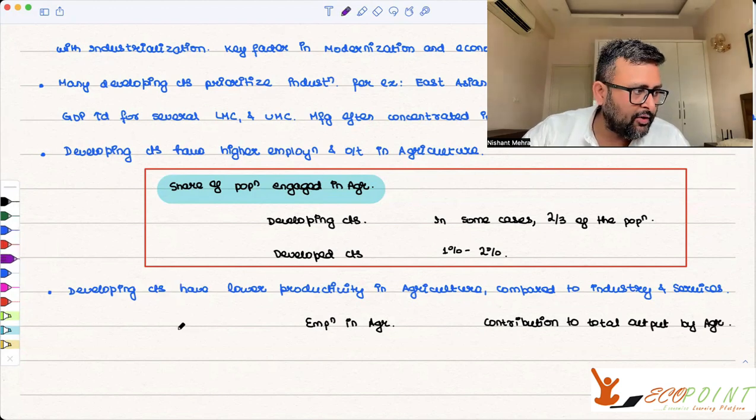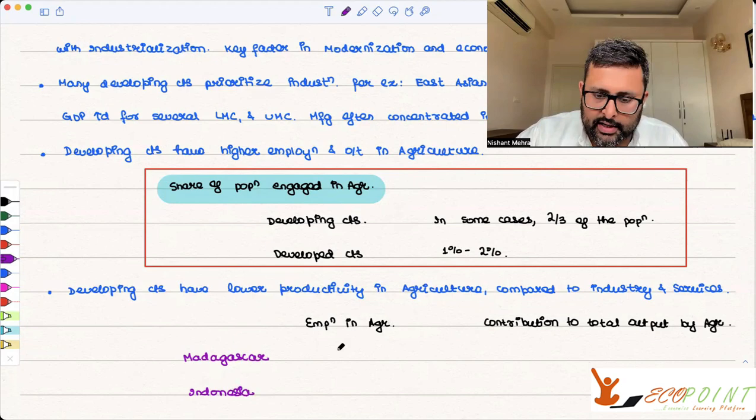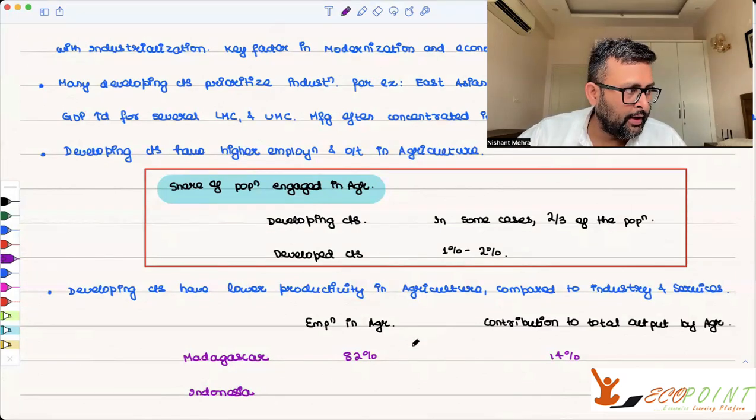So you can take up a case of Madagascar, and you can also take up the case of Indonesia. In Madagascar, 82% of the population is engaged in agriculture, but agriculture contributes only 14% of the total output, right?